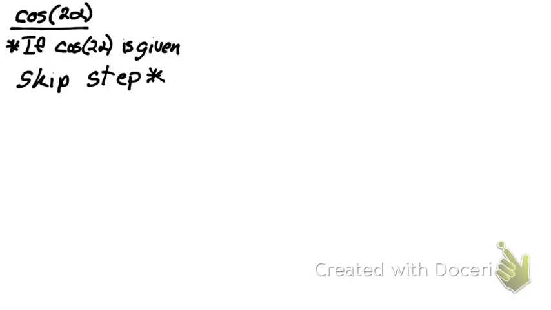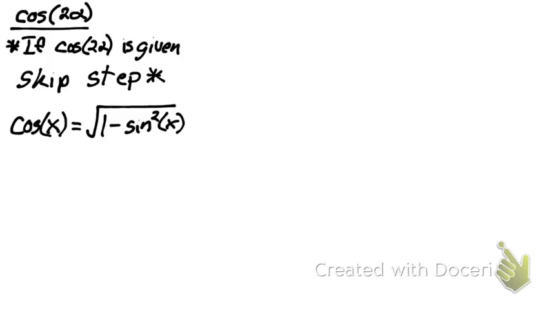And how we're going to find it is we're going to remember from sine squared plus cosine squared equals 1, I can always say that cosine of x equals the square root of 1 minus sine squared x.